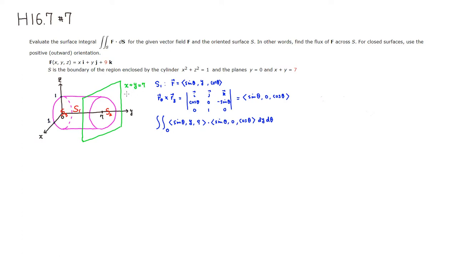If you solve this equation for y, you get y equals 7 minus x, and since x is sine of theta, y goes up to 7 minus sine of theta. Then we have to go all the way around to cover the entire side wall, so theta goes from 0 to 2 pi.